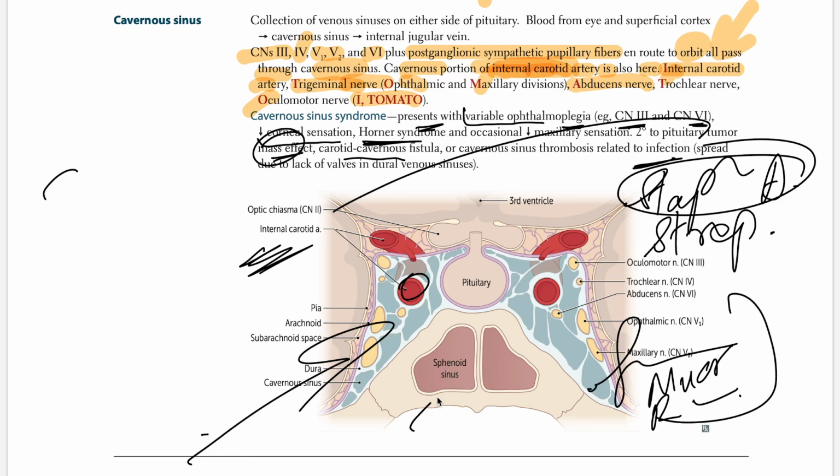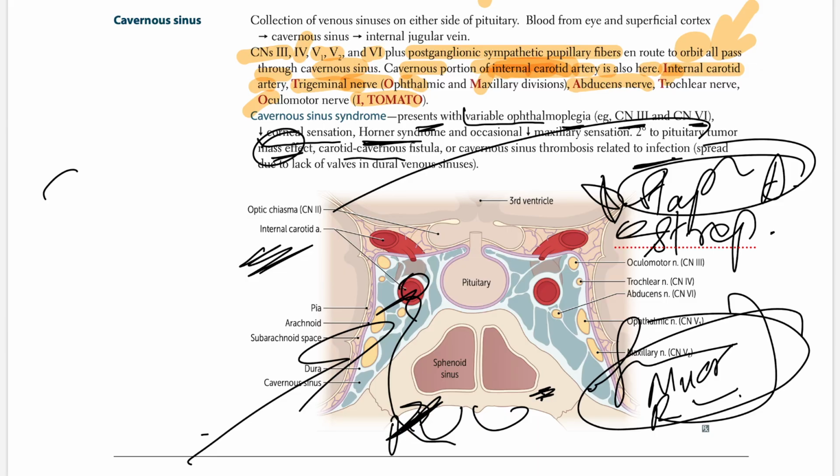If you look here, we have the sphenoid sinuses, and we also have, which is not in the picture, the ethmoid sinuses. The infection can go from there, or even from teeth, all the way into the cavernous sinus. Staph aureus is the most common organism. Streptococci and some fungal organisms are also rare cases, but they're also there.